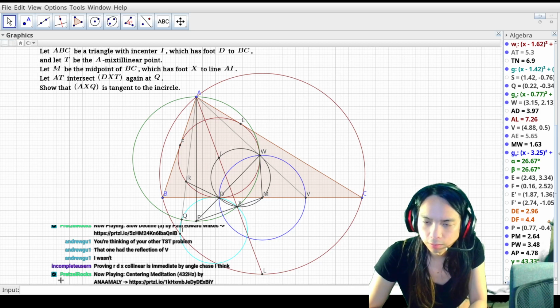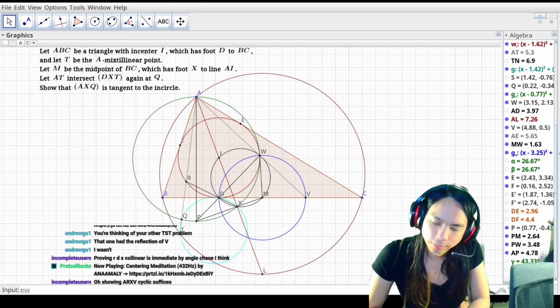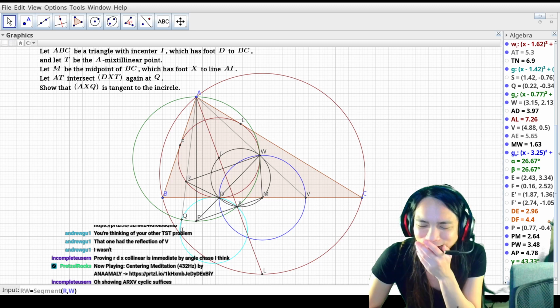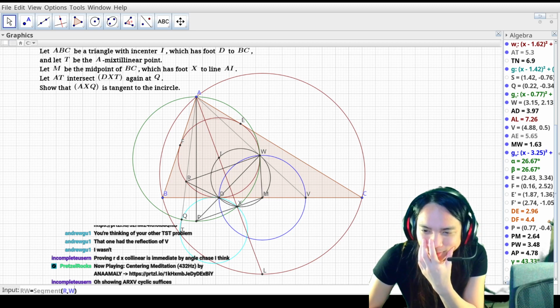Are there any... Well, okay, I guess if it's the reflection, then... I just don't have a good way to relate the power of R to the cyan circle, besides the... I don't know.